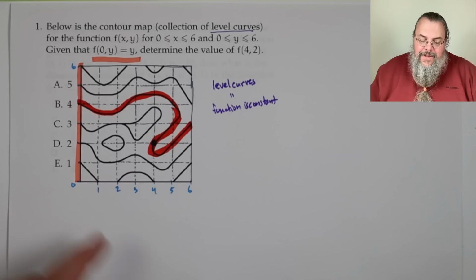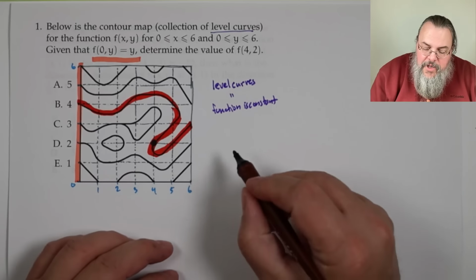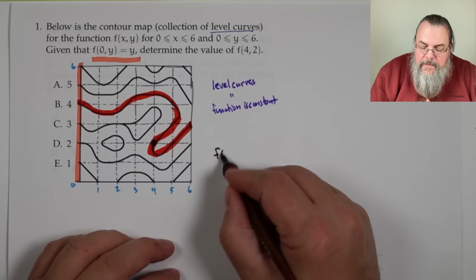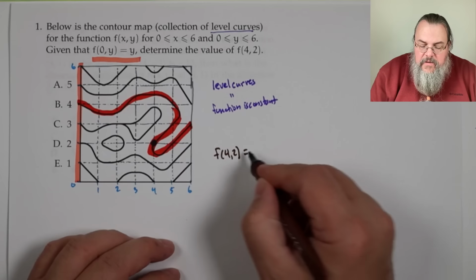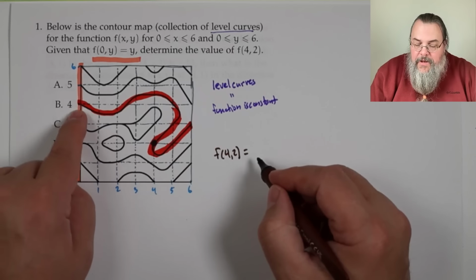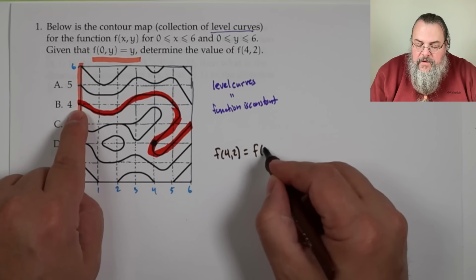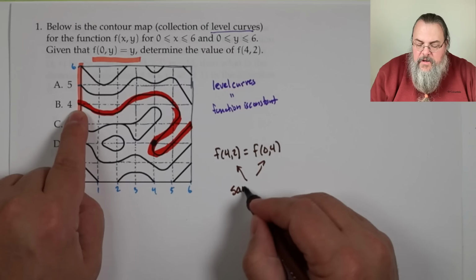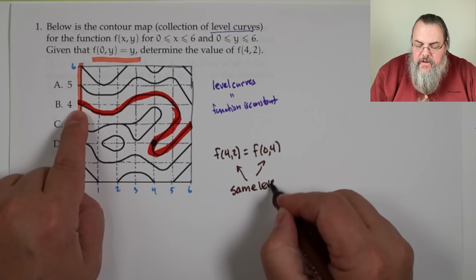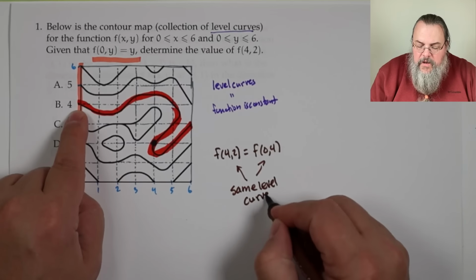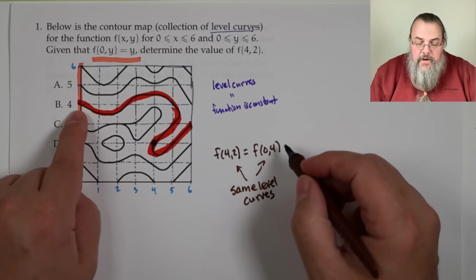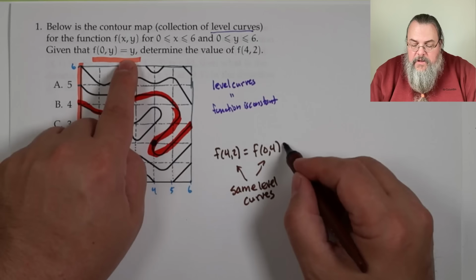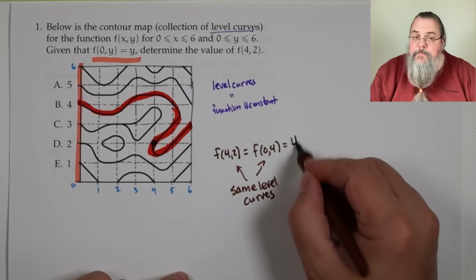Yes. And so, in particular, we say, hey, f of 4, 2 is equal to that point right there, f of 0, 4. This is because they're on the same level curve. Level curves, you get the same value. We're constant on there. But for f of 0, 4, we know the answer is 4.